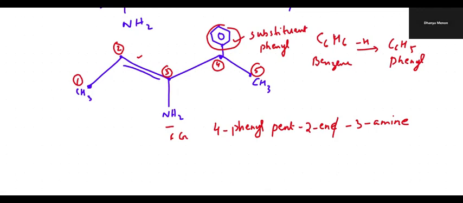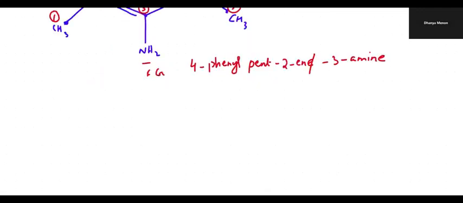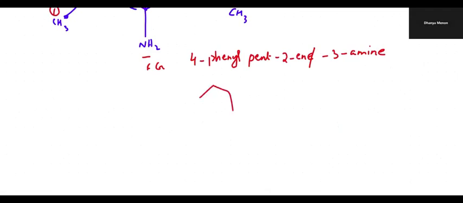Moving on further, but before that, just wanted to explain. This is the phenyl group that we had written. Sometimes the phenyl group is also represented like this, C6H5, and sometimes it can also be written as Ar.